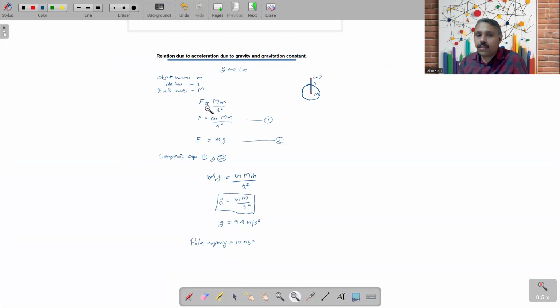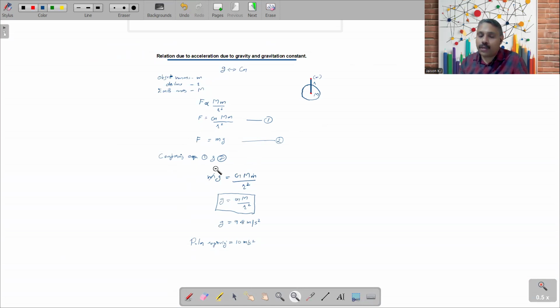Then changing the proportionality sign, we add a constant, the gravitation constant G. So F is equal to G M m divided by r square. Then according to Newton's second law, F is equal to mg, that means the force experienced on the object by the Earth.